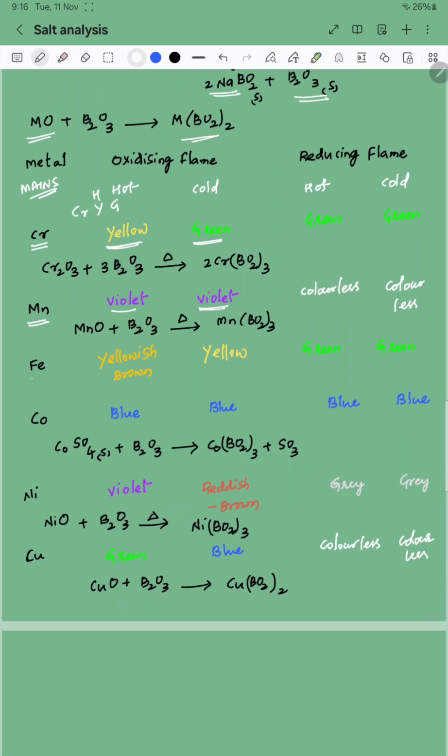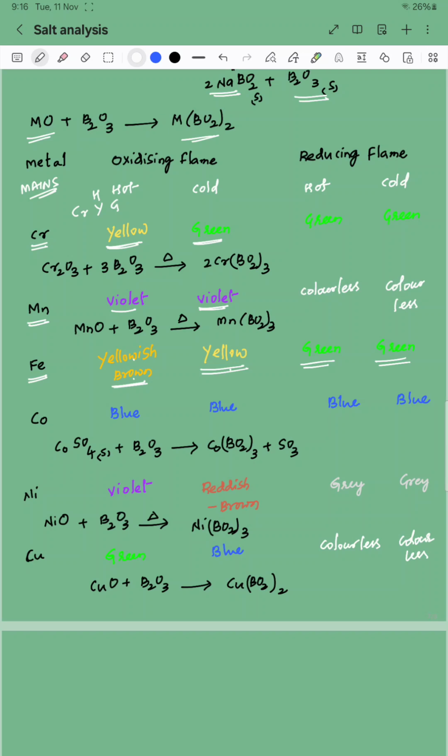Next, iron, student: iron is yellowish brown in oxidizing flame hot condition, and yellow in cold condition. So brown will disappear, only yellow appears. Yellowish brown, yellow, and remember, student, green. So oxidizing flame, yellowish brown, yellow; reducing flame, hot and cold condition, green.